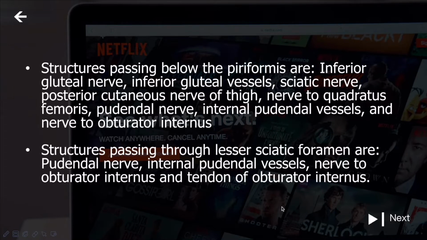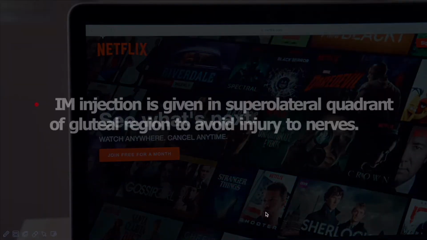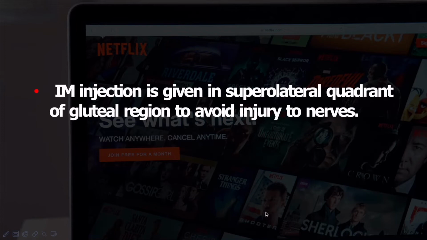Structures passing through the lesser sciatic foramen are the pudendal nerve, internal pudendal vessels, nerve to obturator internus, and tendon of obturator internus. IM injection is given in the superolateral quadrant of the gluteal region to avoid injury to nerves.